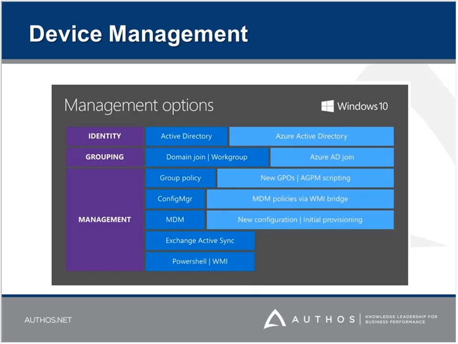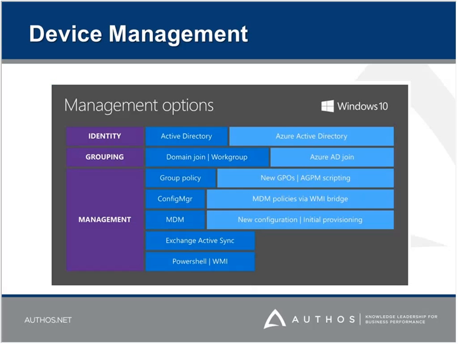To show you what that looks like, you've got a lot of different management options from identity grouping and management, and you can see the options that are typically within your environments currently, the Active Directory, domain join, group policy, configuration manager, but then also you can see how you can leverage Azure to provide a wider swath of deployment of this management.